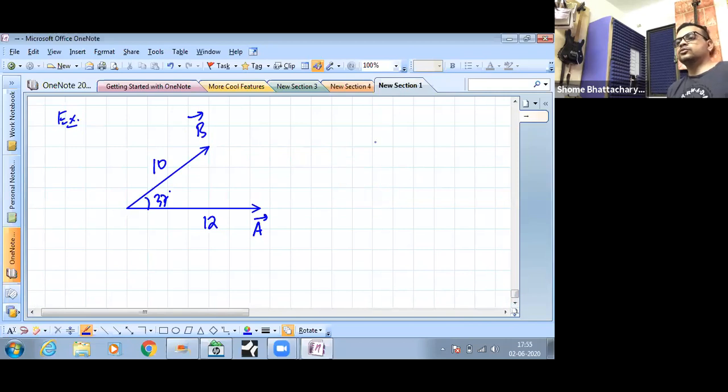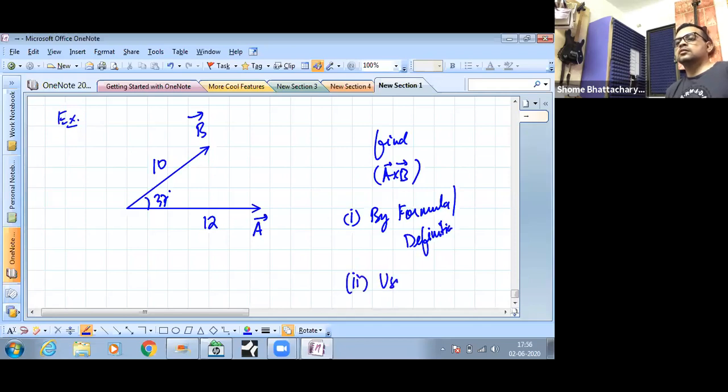Now I ask you to find A cross B by formula or definition, and by using I cap, j cap notation. So work it out by both the methods now.